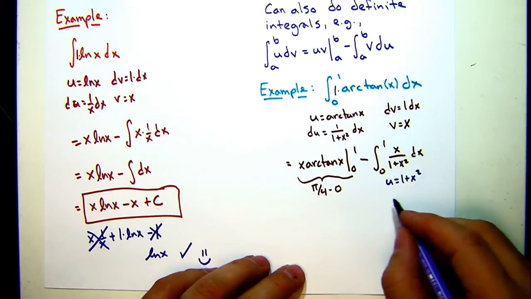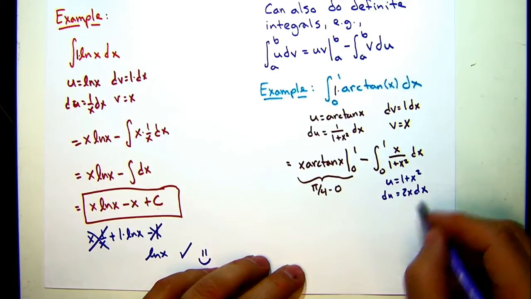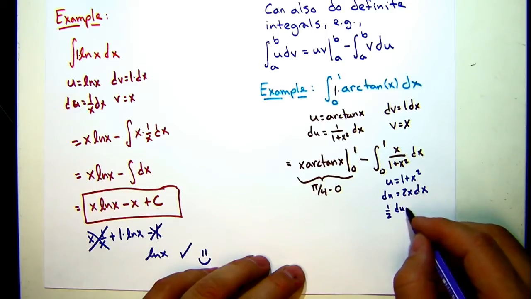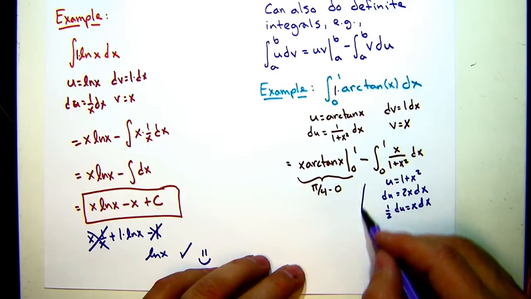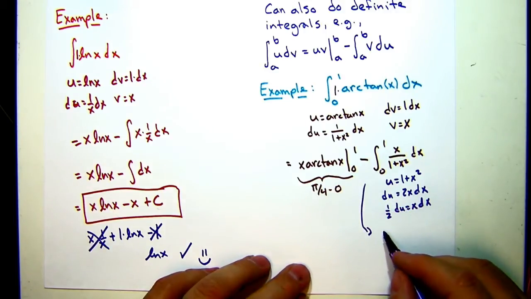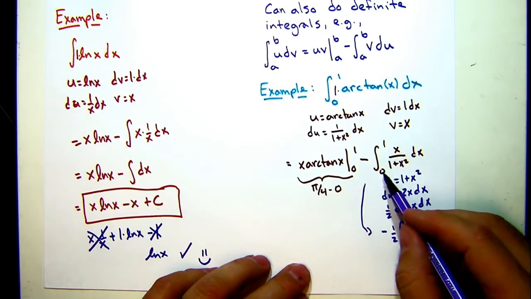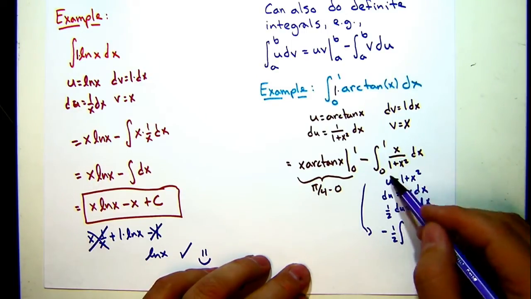We'll let u equal 1 plus x squared. du is 2x dx, or 1/2 du is x dx. So I get that this piece would be minus 1/2 integral, plug in my bounds.